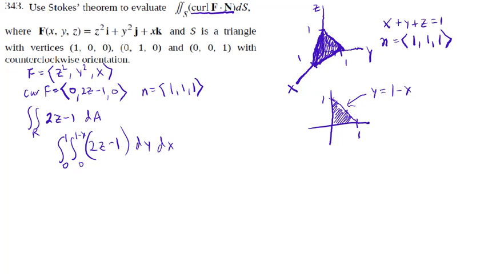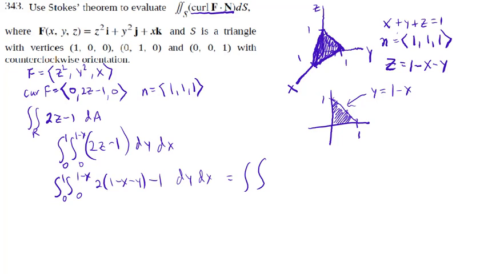Well, now since we have x's and y's, we need to convert our z into x's and y's. Well, over here we had x plus y plus z equals 1, which means z would be 1 minus x minus y. So this integral then would be 2 times (1 minus x minus y) minus 1, dy dx, or 1 minus 2x minus 2y.